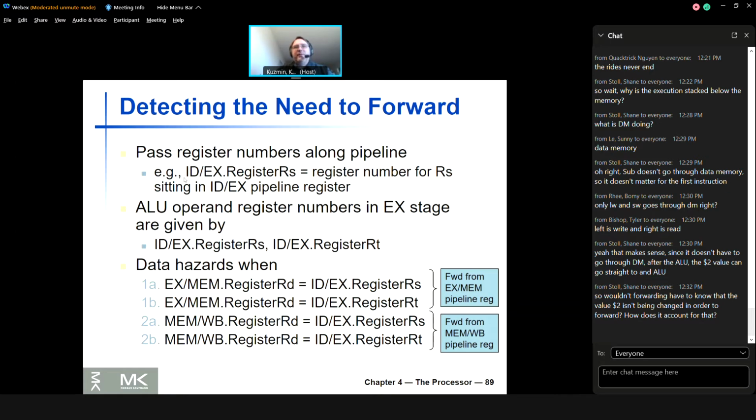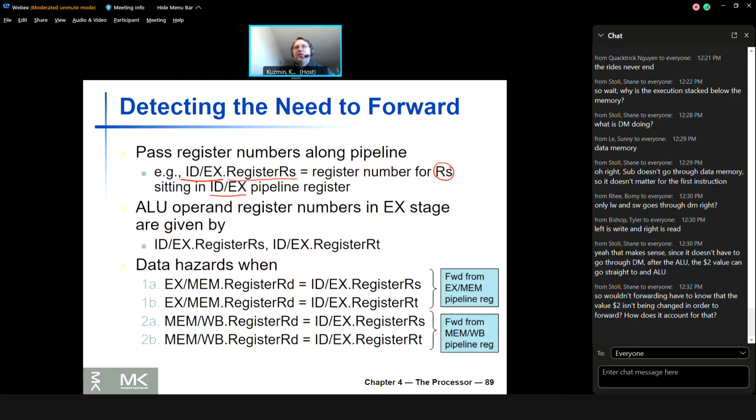For example, if we have ID/EX, one of the parts of the ID/EX register would be register RS, the register number for RS for the instruction that currently sits in the ID/EX register.